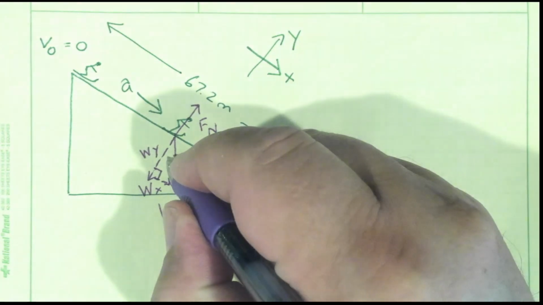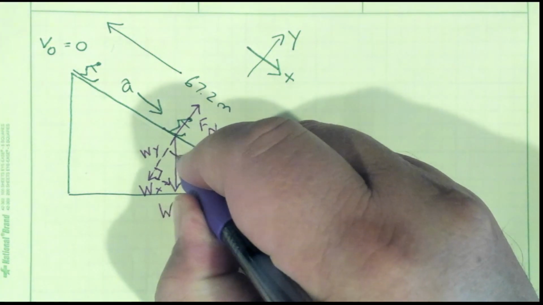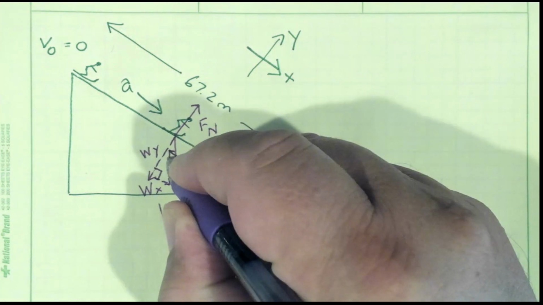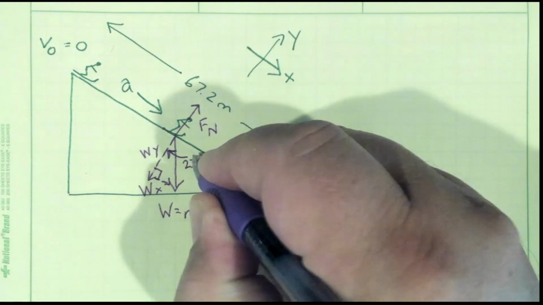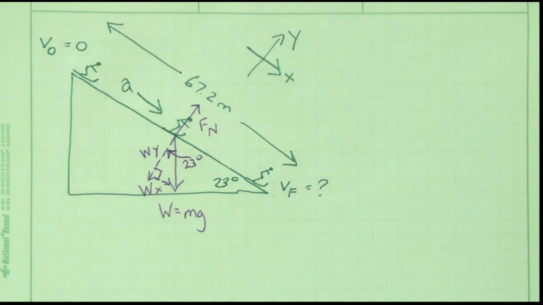And this angle right here, the angle between WY and the weight force, is equal to the angle of the incline. In this case, 23 degrees. So that angle right there is equal to the angle of the incline, 23 degrees.